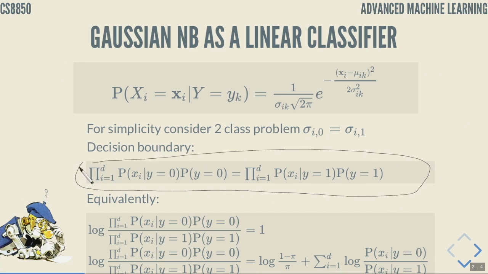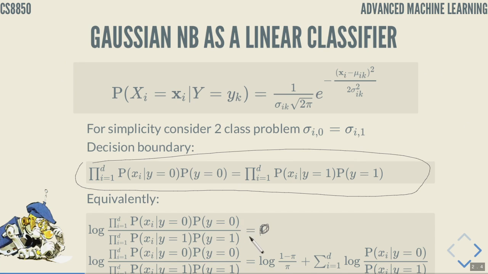equivalently, this equality I can write just as the ratio. Well, when they're equal, the ratio is 1. That means the log ratio is 0. So I can decide which class my sample belongs to by looking at the log ratio of posteriors, and if it is greater than 1, then it's class 0.